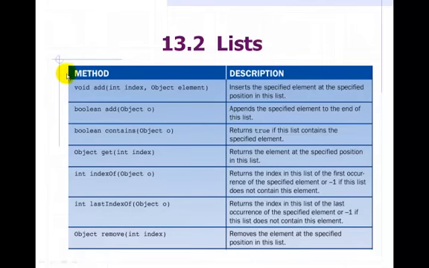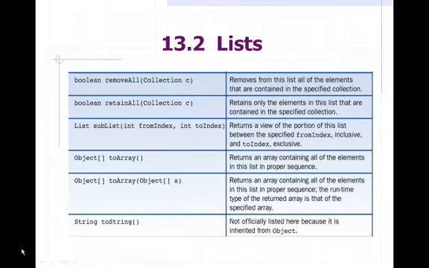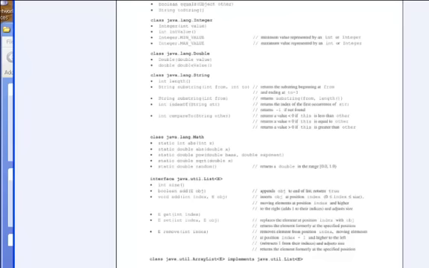And another look at the methods. From now on, when you get a reference for a quiz or a test, you're going to get the same one that you're going to get on the AP exam.